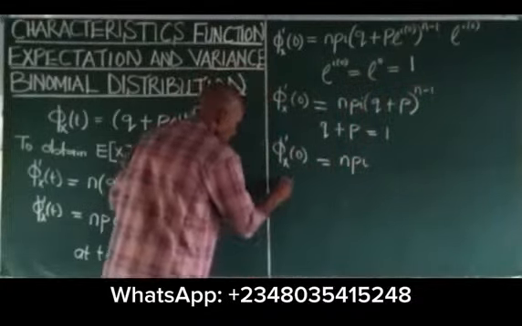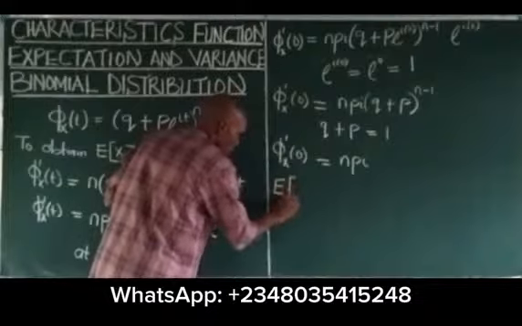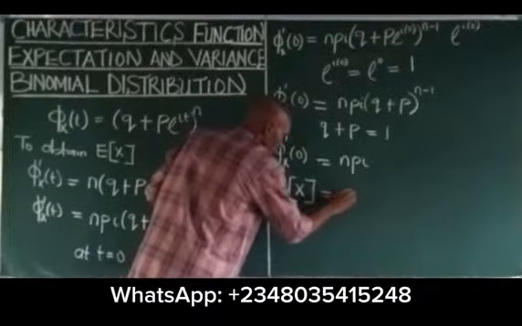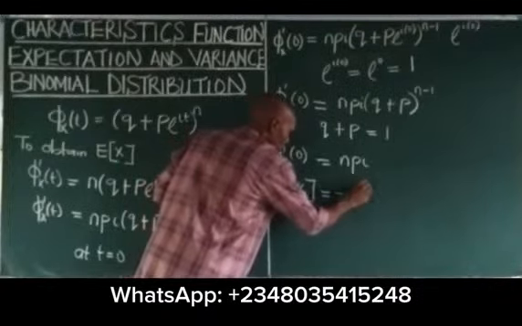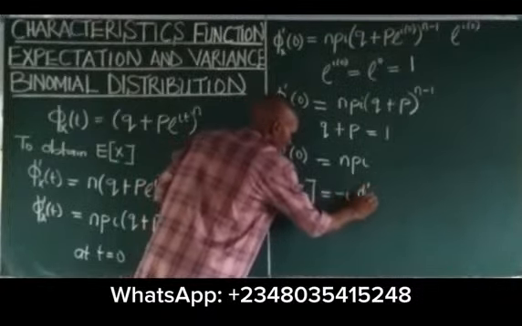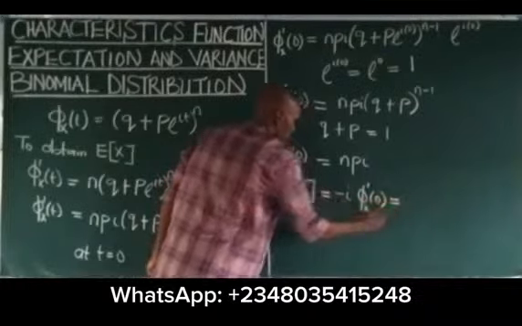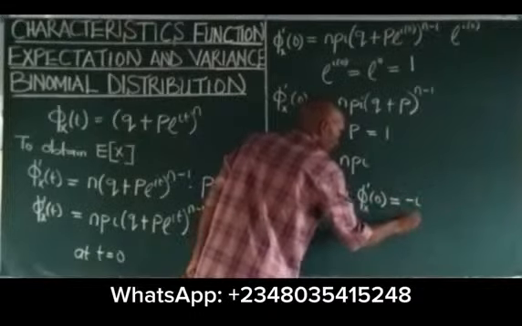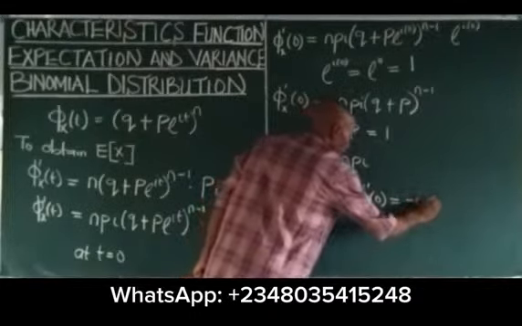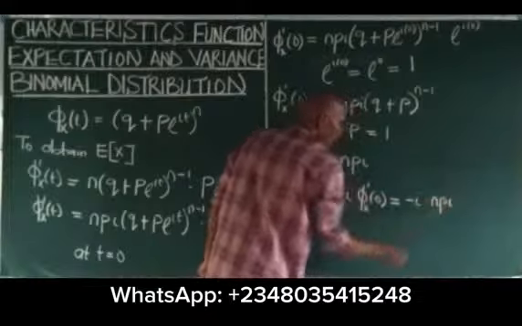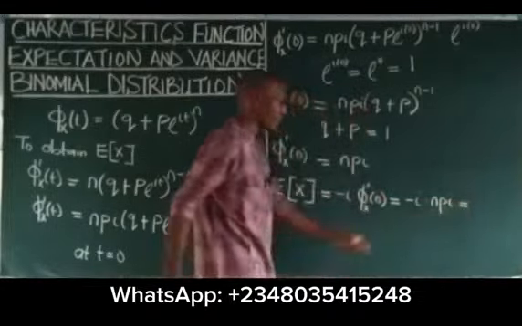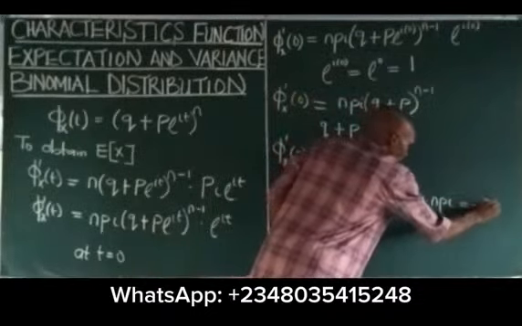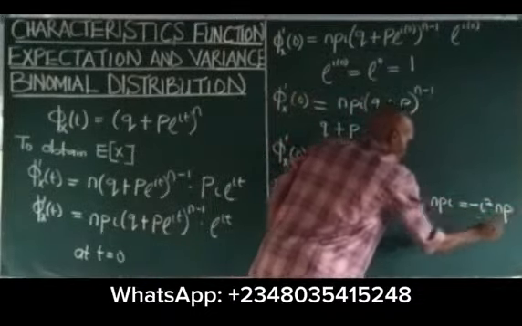So we now have that our expected value of x is equal to negative i multiplied by the first derivative of the characteristic function at 0, which is negative i multiplied by n p i, which is the same thing as negative i squared multiplied by n p.